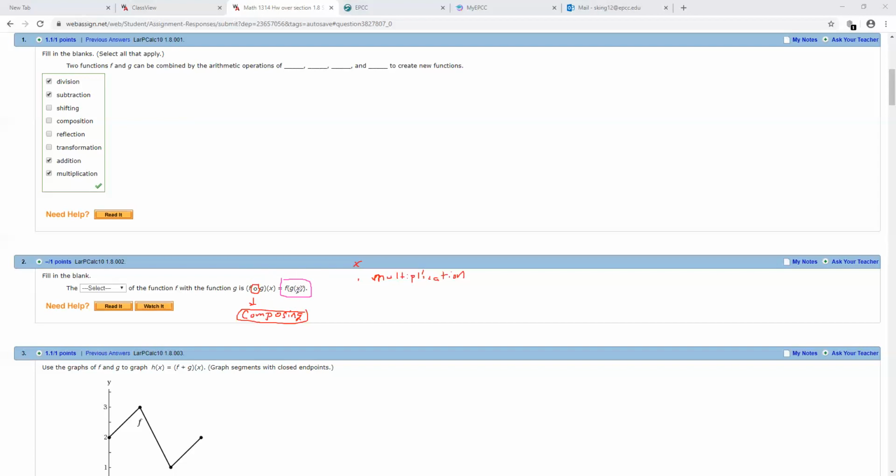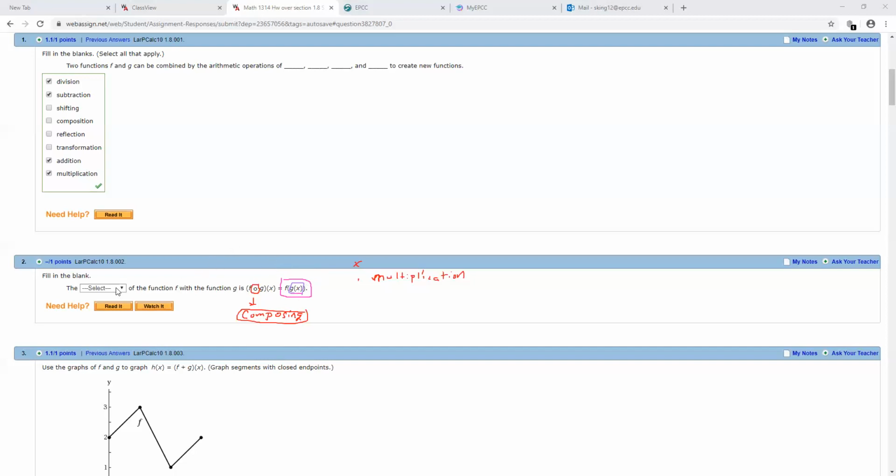So the inner one is G, and it's saying here, put G of X inside the F function, and that's this composing operation, how we can create a new function. You put one function into another one, and presto, we get a new function. And that's called composing. I'm going to show you that in a few minutes.